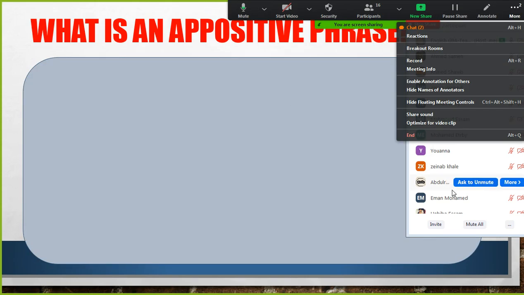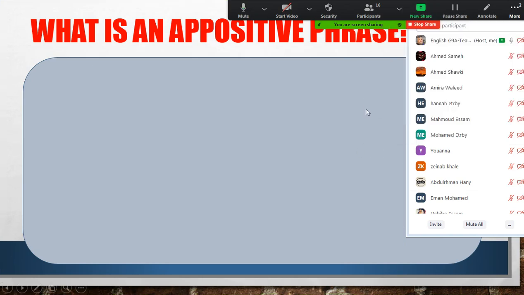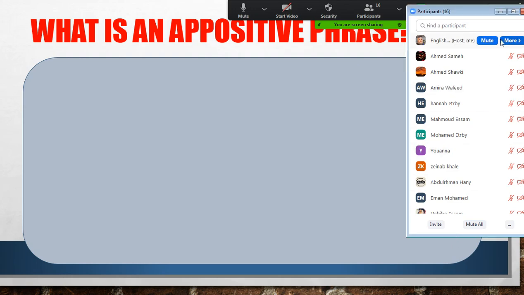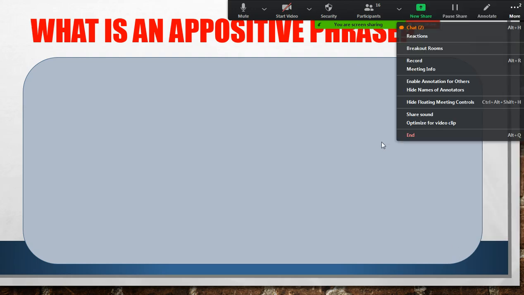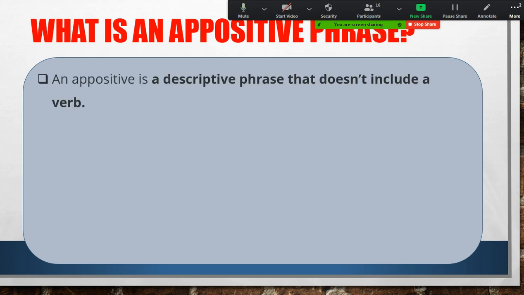What did the appositive phrase mean? A second, sorry. Okay, an appositive phrase, its meaning generally in grammar now, is a phrase that doesn't include a verb.